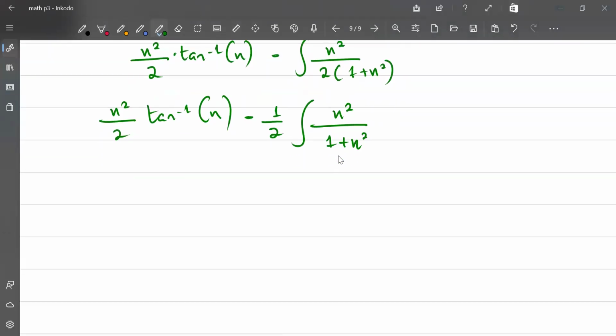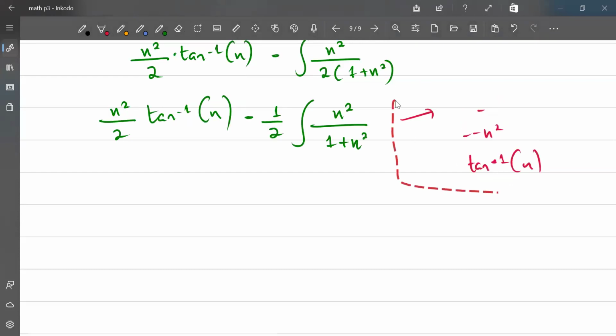Now notice that this is not in the standard manner. If it were, we could have simply integrated it as follows, the integral of 1 upon 1 plus x square being tan inverse of x, as we studied earlier. But unfortunately, this is not in that manner.